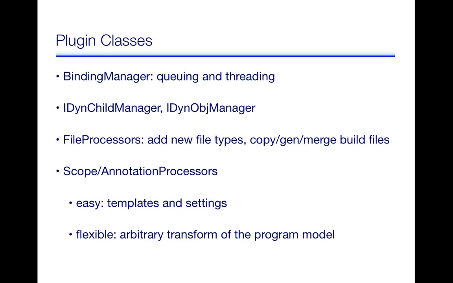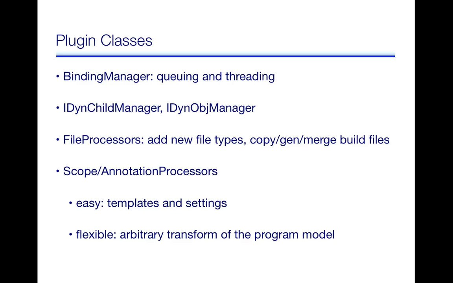Plugin classes are used to customize LayerCake at a lower level. For example, the binding manager class can be implemented to control queuing and threading for invoking data binding events. The child manager and object manager are used for dynamic object support. And file processors are used to add new file types and control how files are copied, generated, and merged.